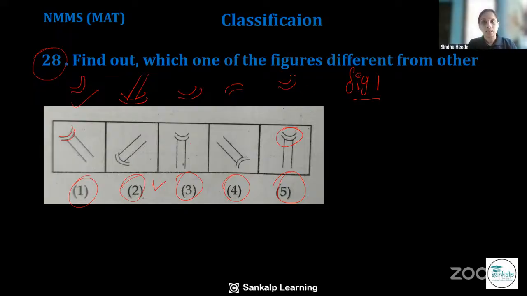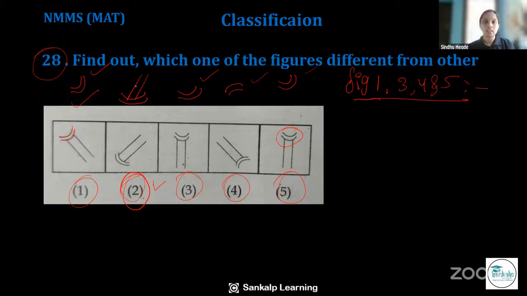We can see one common pattern in figures 1, 3, 4 and 5. The curved cap is attached to the open end of the straight lines. All are attached to the open end of the straight line. Only this image 2 is connected with a different direction. Look at their curves. This one is same, this one is same, this one faces the same and this one is also same.